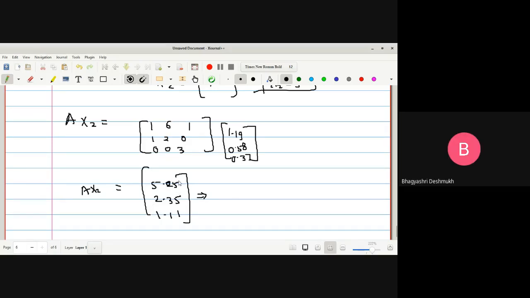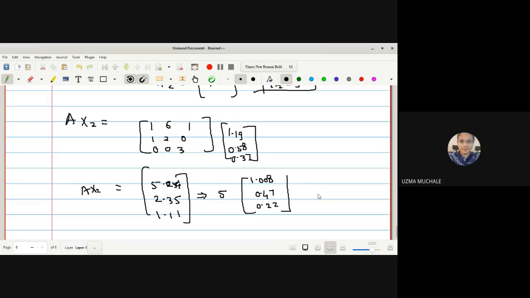Okay, 5.04, fine. Next. Now if I take 5 outside, tell me the values. 1.008. Next. 0.47. Okay, next. 0.222.